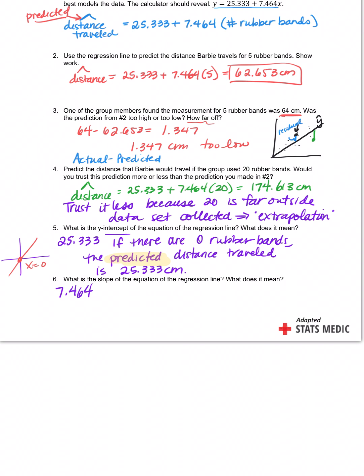All right, now, let's switch gears and do slope. Let's see if we can put this in context. So, slope is connected to our x value, right? Okay, what did x represent in this question? Rubber bands.